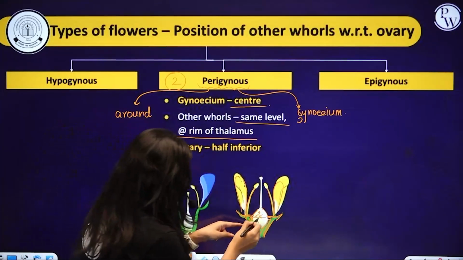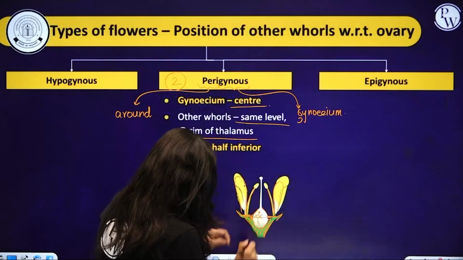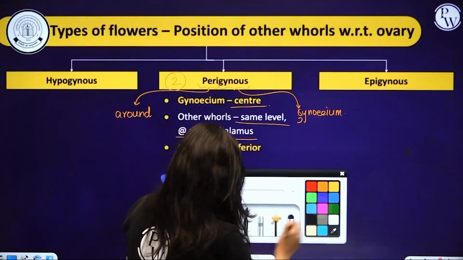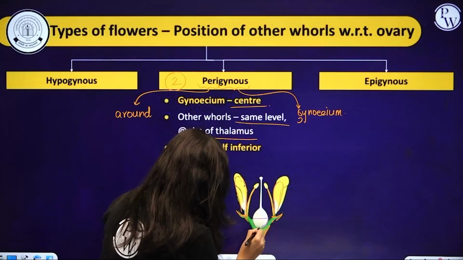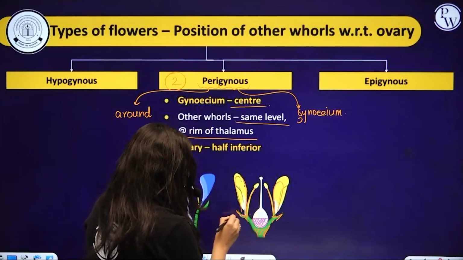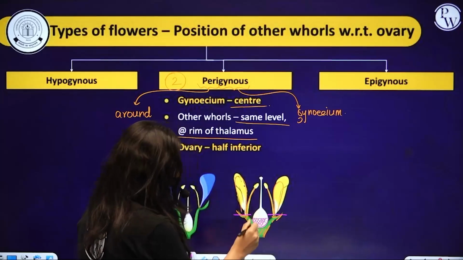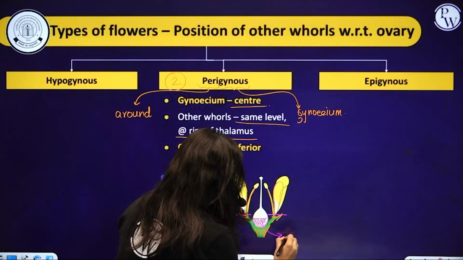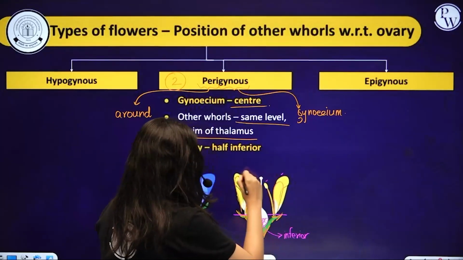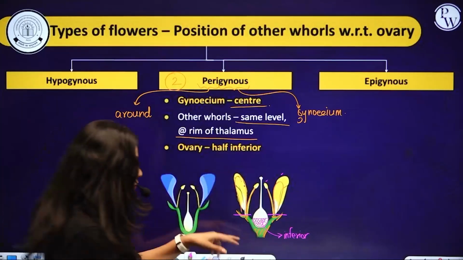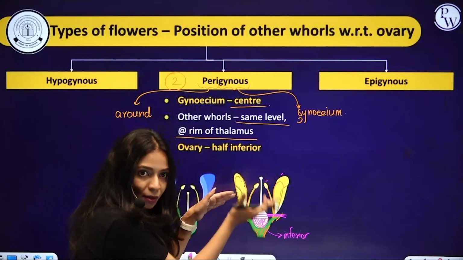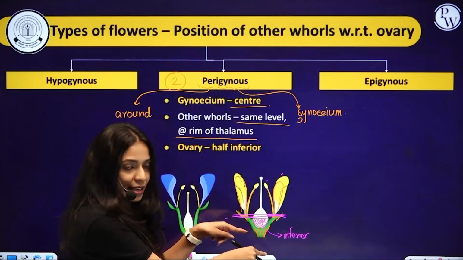Over here, let me erase this part. If you consider what I'm highlighting right now in pink, this part of the ovary with respect to these whorls is inferior, right? Because it's present below this. This is the point where other whorls are arising. A part of the ovary is present below that, so that part we can say is inferior.